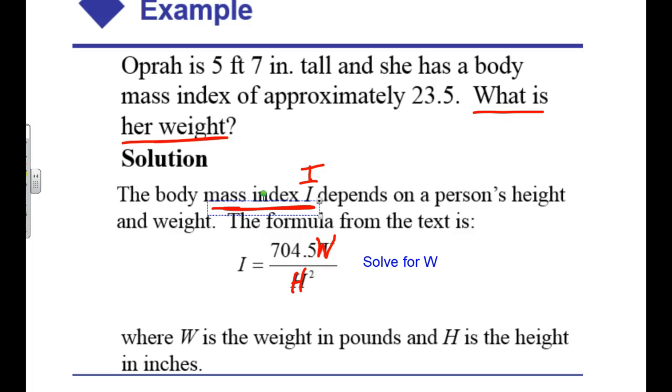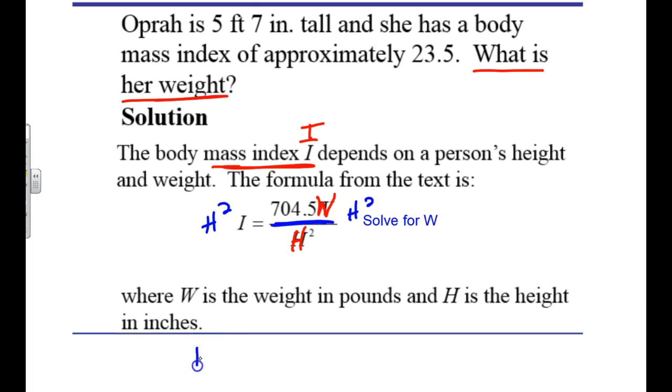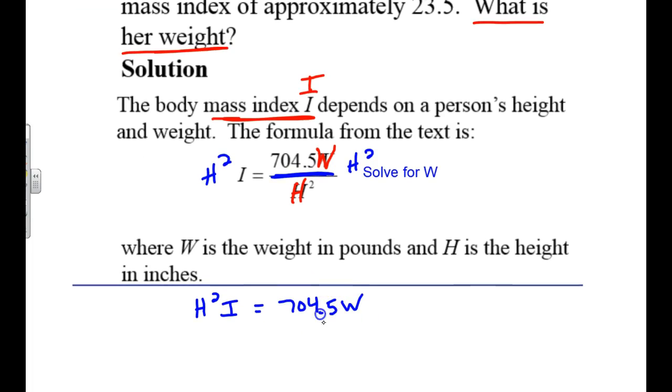Well, in the previous section, we learned how to solve. So to solve, we're not going to do, we're going to undo. And the first thing I'm going to try to undo here is this division by multiplying both sides by h squared. So I will get, let's see, I'll work down here. H squared I is equal to 704.5 times W. The next thing to solve for W is to divide by 704.5.